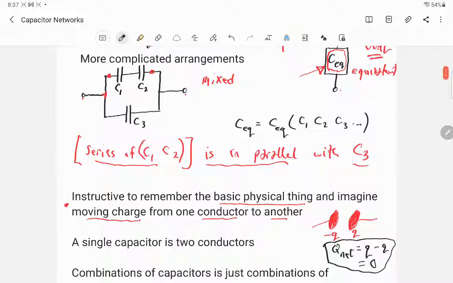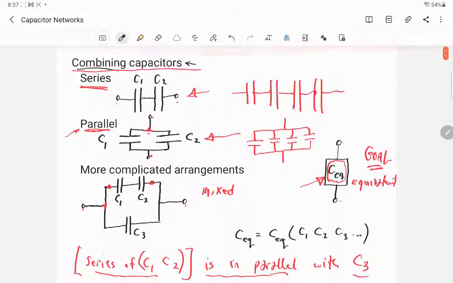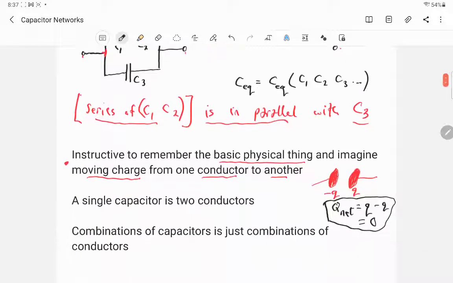That the net charge of a single capacitor, like for example, this capacitor here, or this capacitor here, the net charge of those capacitors is going to be 0. The net charge of this capacitor here is going to be 0. And this is going to be very useful for you as a basic rule.